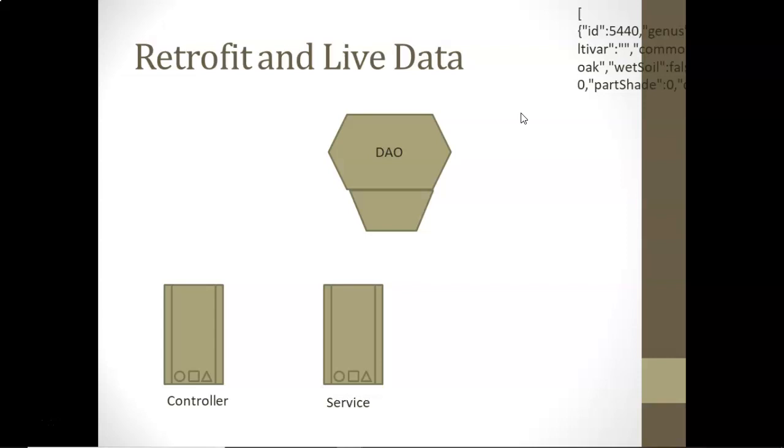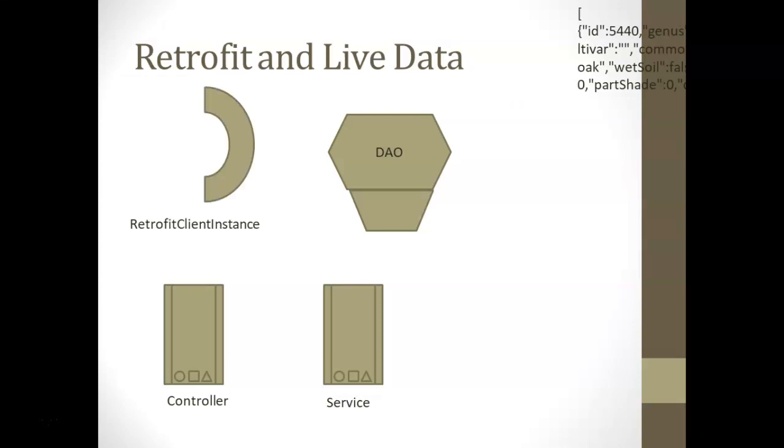Once you've imported Retrofit, you can create this Retrofit client instance. And the Retrofit client instance really manages several other things. One thing that it manages is this DAO interface that you will create. And I emphasize it will be an interface. By that I mean you're simply defining a method name, what it returns, and how that method will be called.